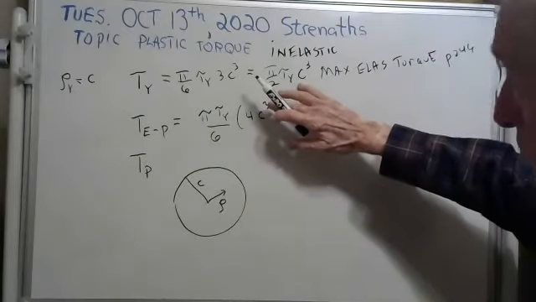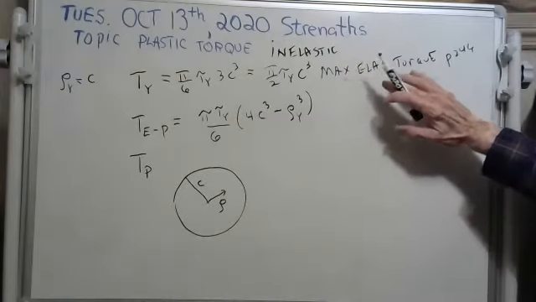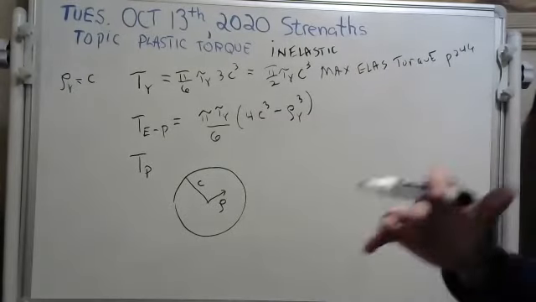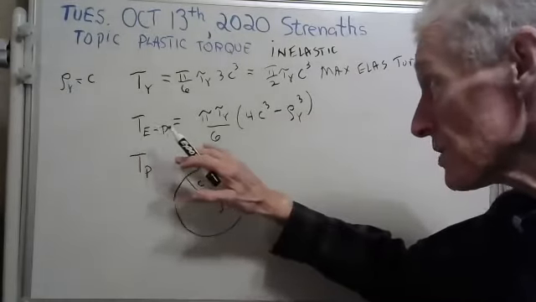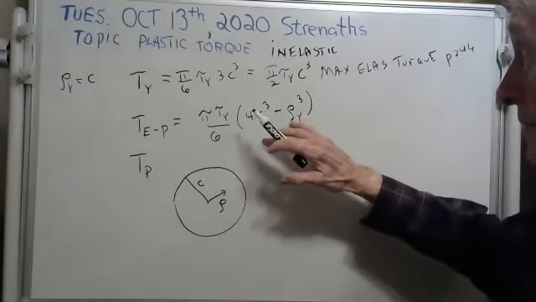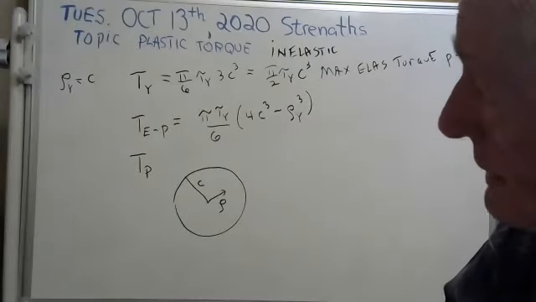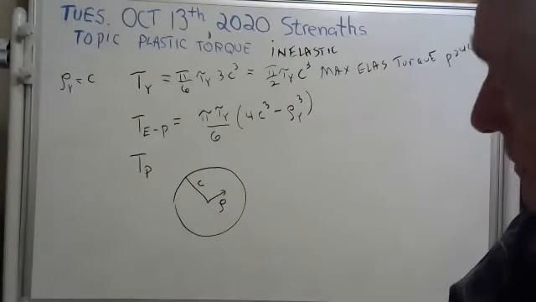It's right there on the top of the page. It's called the equation for the maximum elastic torque. Ta-da, and there you have it. You can get it from this equation for the elastic plastic torque by letting the radius of the elastic core be the entire radius. The whole thing's elastic.